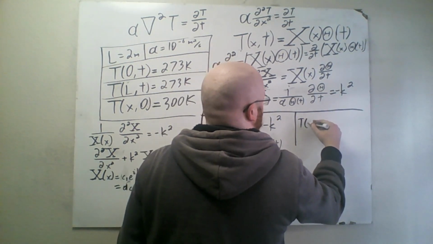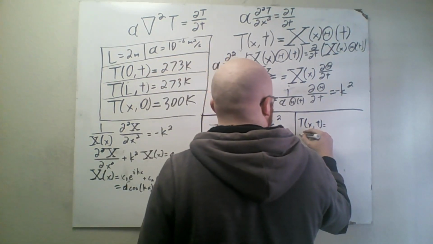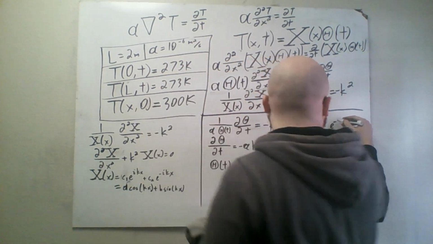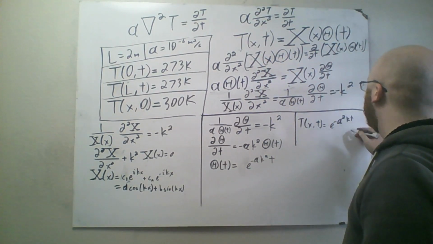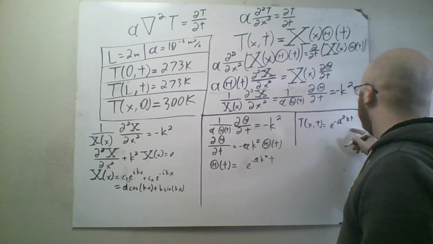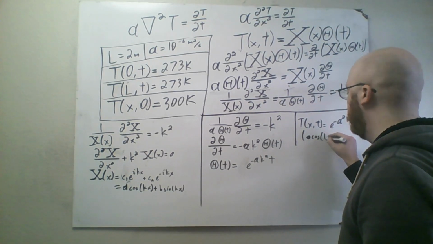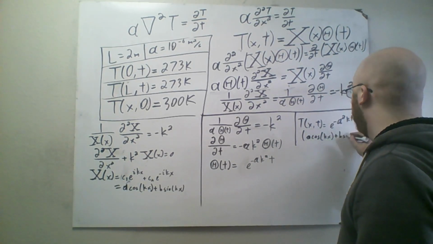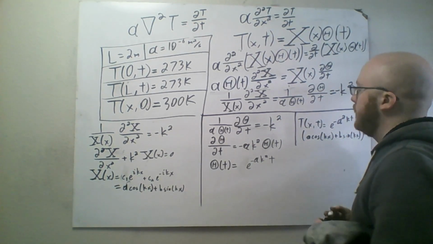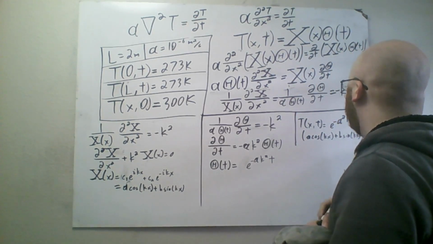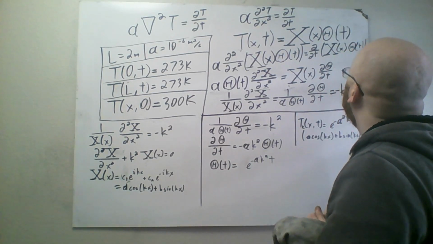Temperature, as a function of x and time, is equal to e to the negative alpha k squared t times a cosine kx plus b sine kx. I'm going to denote this with the subscript k, just for completeness' sake.